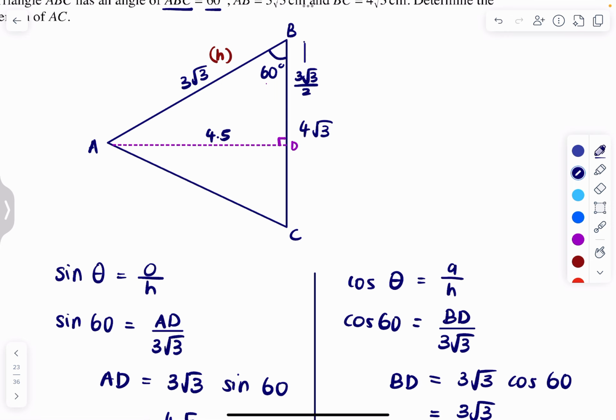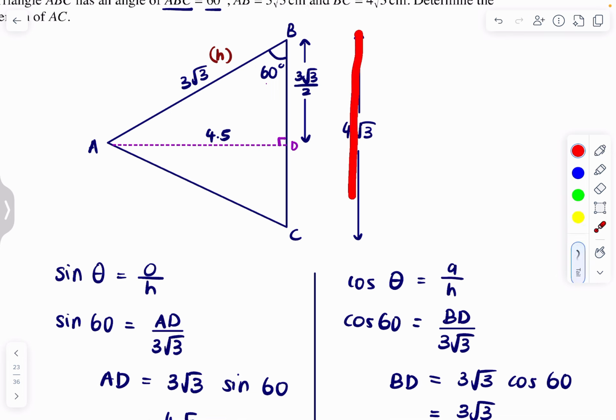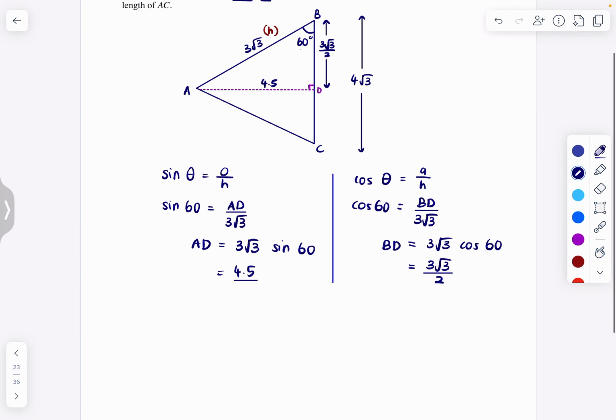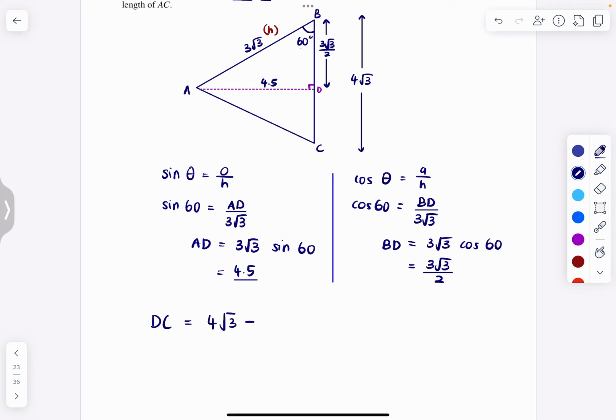This is from here until here. And this is from here all the way until here. So now, since we know this whole length and we know this length, I think it's quite easy to find this length. So this length DC, I'll write down here. The length of DC is just 4√3 minus 3√3 over 2.